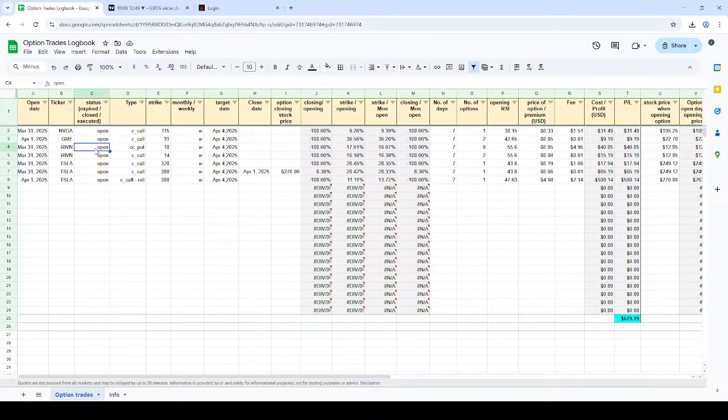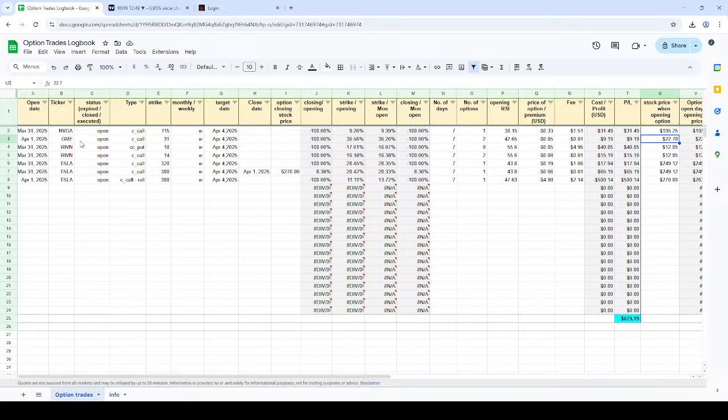Let's have a look at the GameStop trades. When I was selling the options, the price was around $23, and I was selling with the strike price $31.